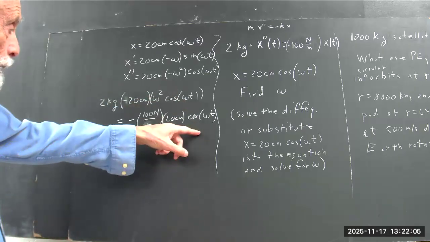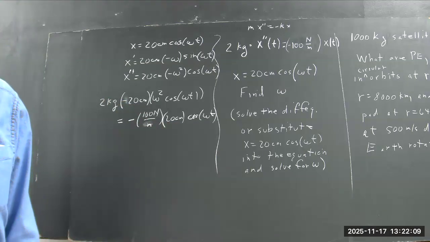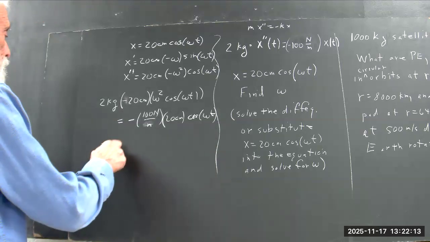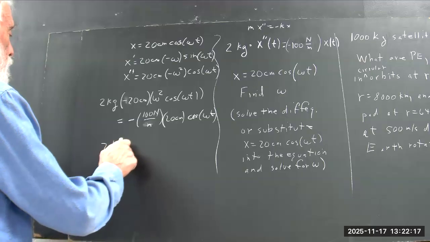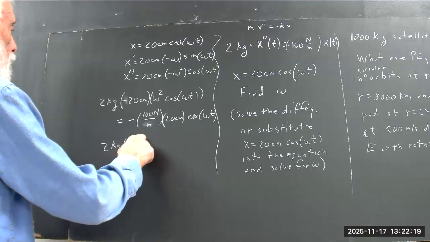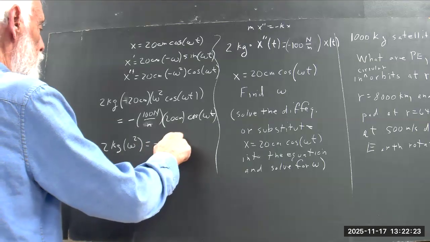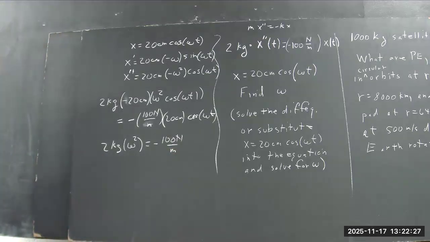You divide both sides by cosine omega t and both sides by 20 centimeters. So they're gone. And you have 2 kilograms times omega squared equals negative 100 newtons per meter.